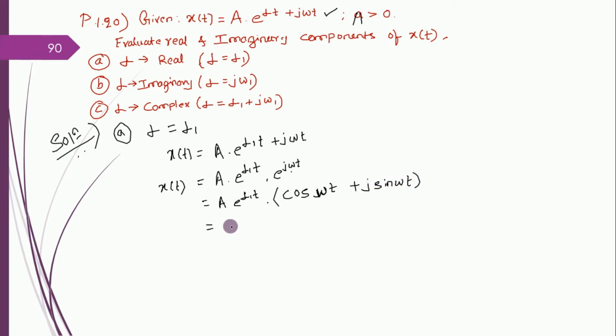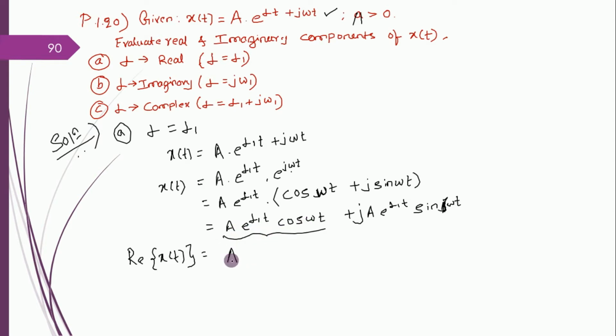A into e raised to alpha 1 t cos of omega t plus j A into e raised to alpha 1 t sine of omega t. Now you can easily write the real part of the given signal. Considering case 1, the part with j is the imaginary part, and this is the real part: A into e raised to alpha 1 t cos of omega t.